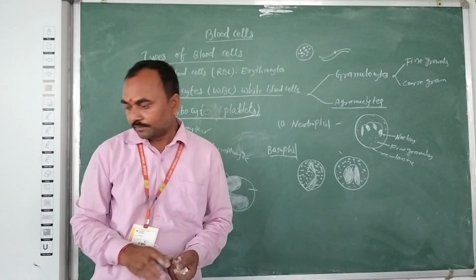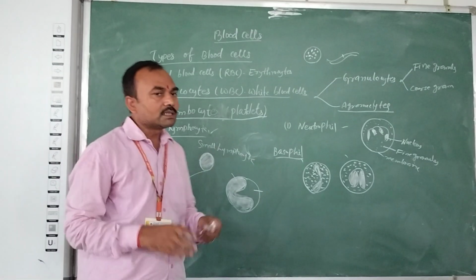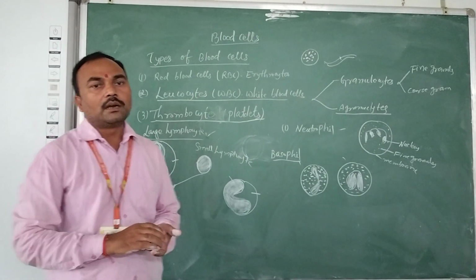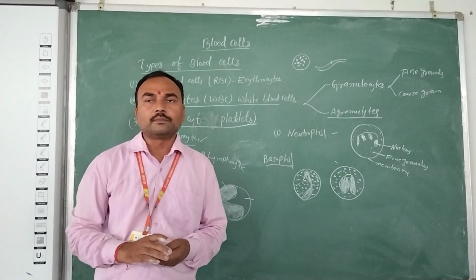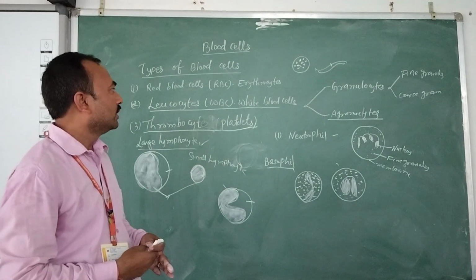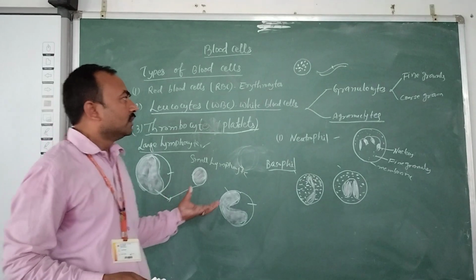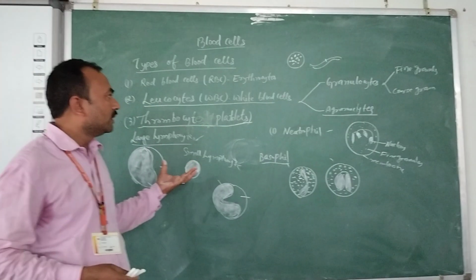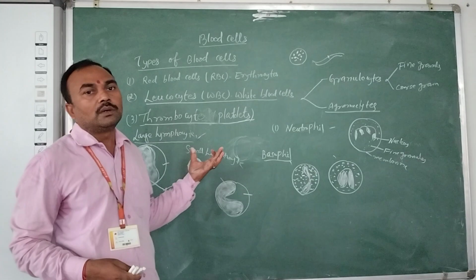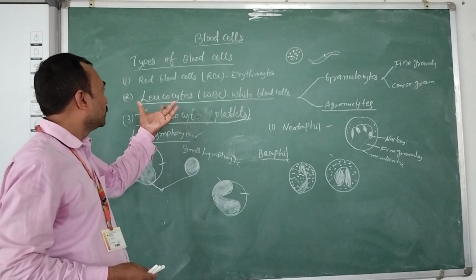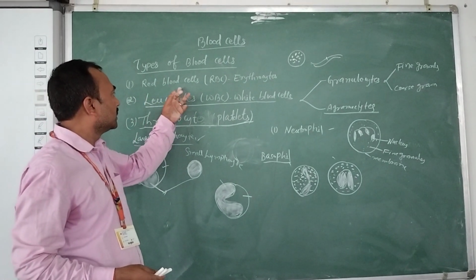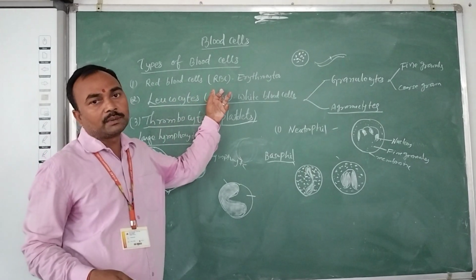Now, how can we see these cells? What is the way to find out all the blood cells? For red blood cells, we have to find out what number is present in our body.